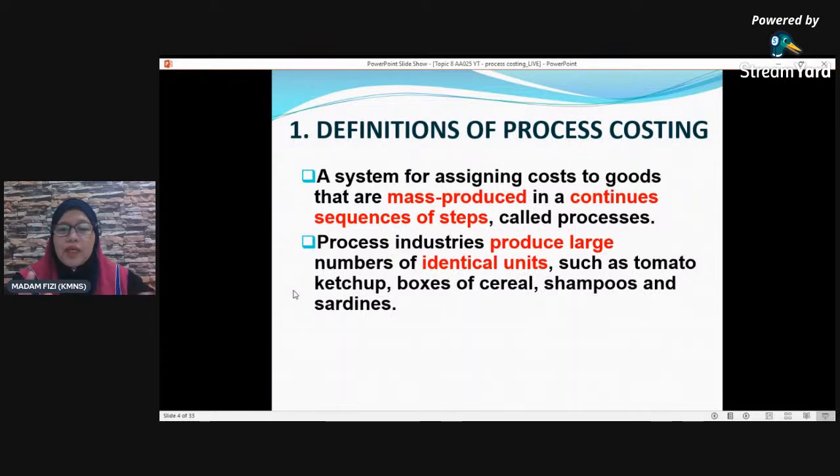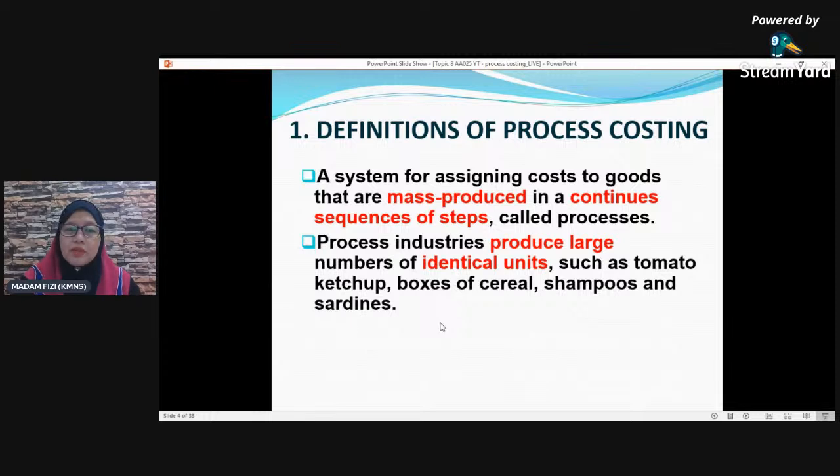Okay, so yang saya highlightkan merah tu, maksudnya process costing akan produce produk yang banyak, yang besar, identical unit yang sama, in a continuous sequence, secara berterusan.